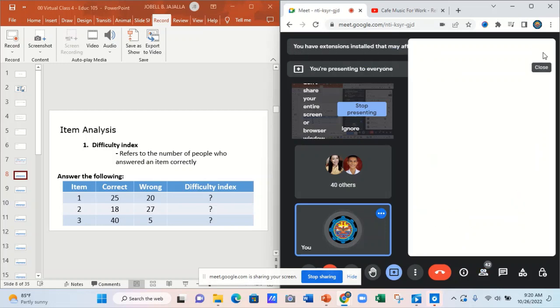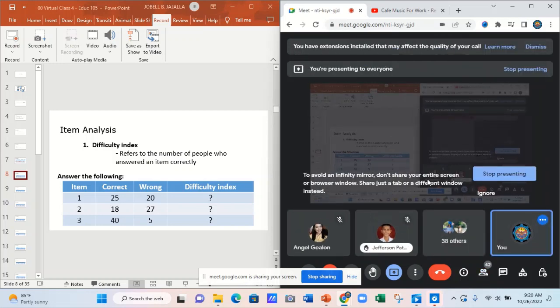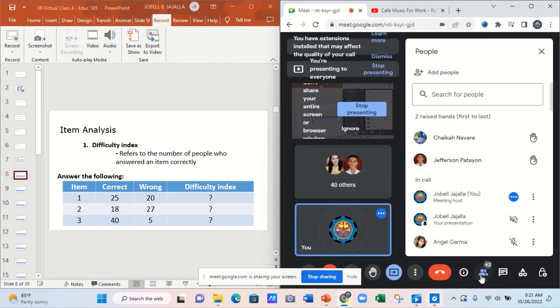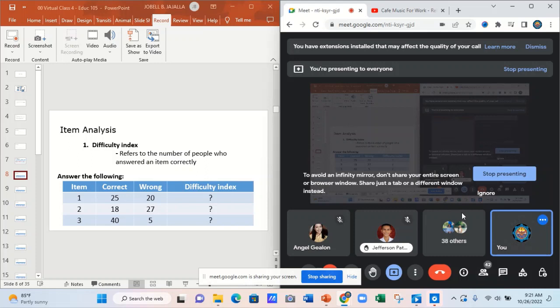So, ang uban, kung ano lang sa ang uban. Again, first item, second item, third item. Patayon sa second, third, Felicio. Navarre ba tong first item? Kalimot ko. Yes, Chaika Navarre. So, time starts now.